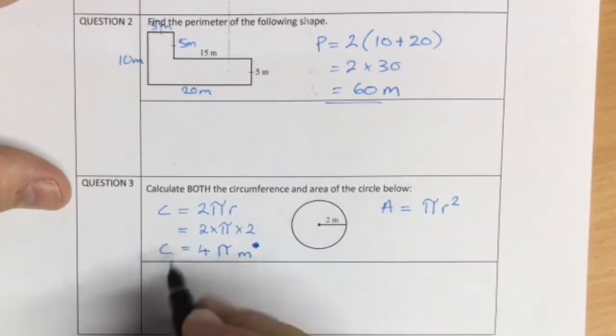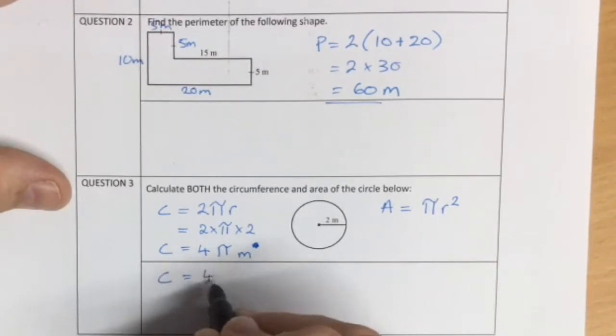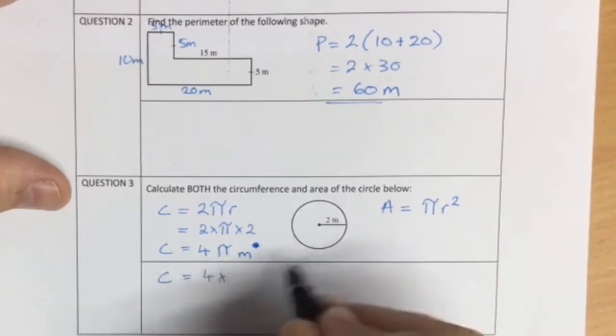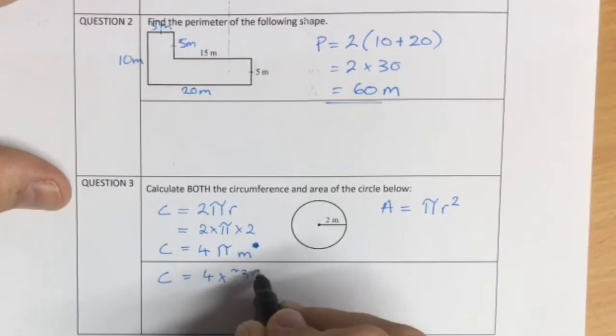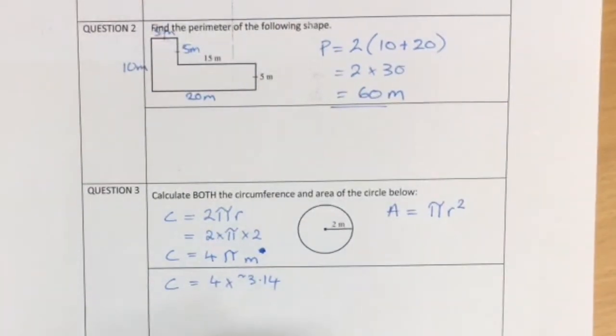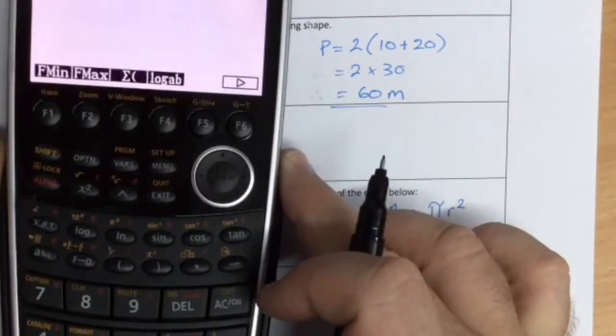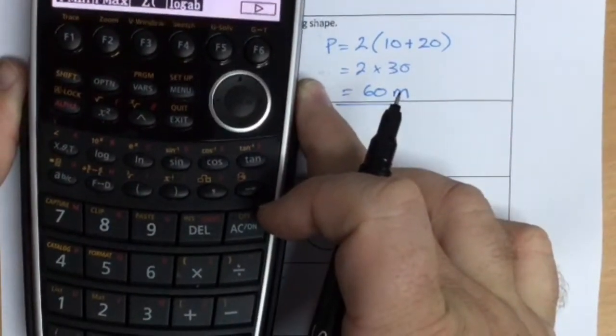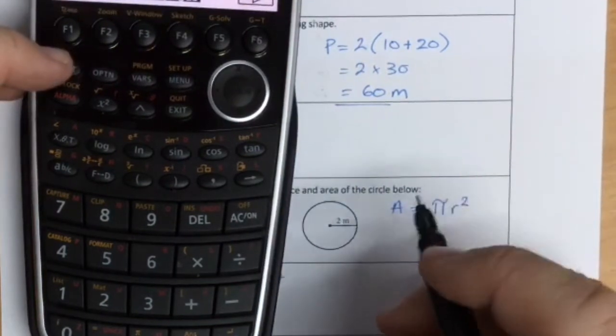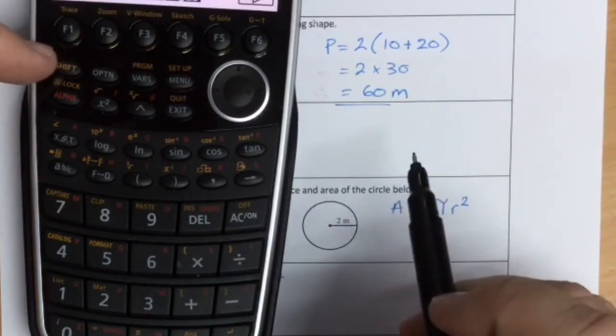If you did have a calculator, obviously you'd then work that out by keying that in as 4 times pi, which is approximately 3.14. On most calculators, for your pi button, you'll need to use one of the shift options or the second function options, so look for that one.